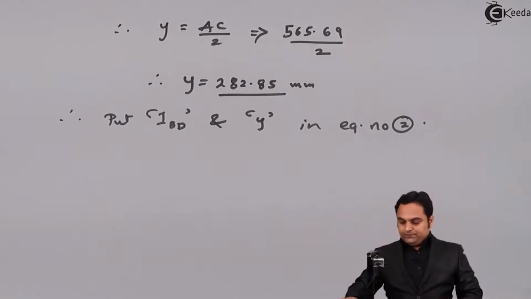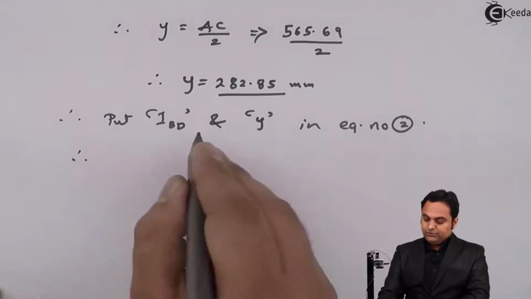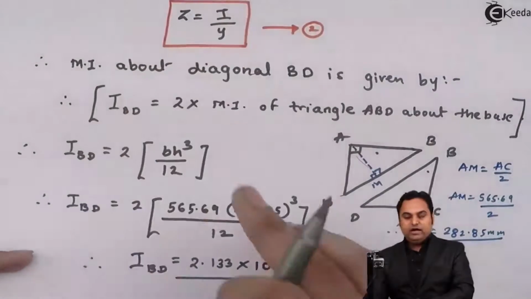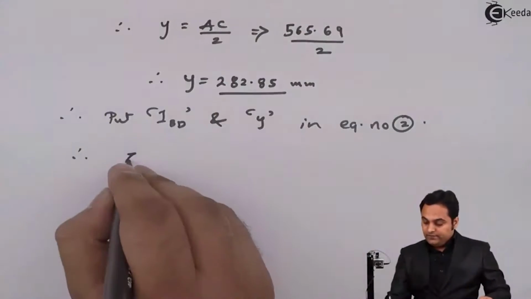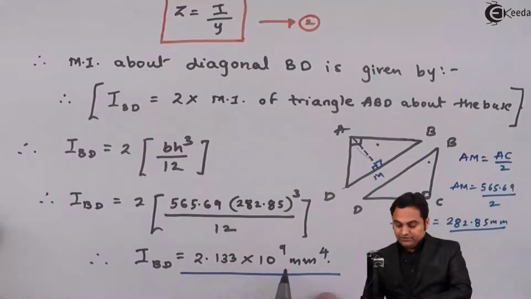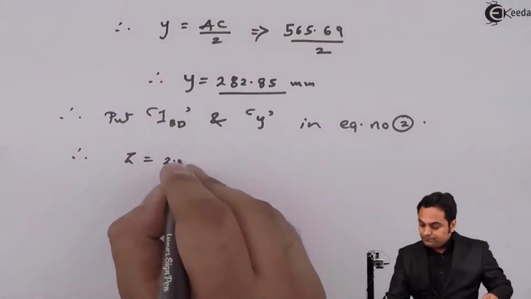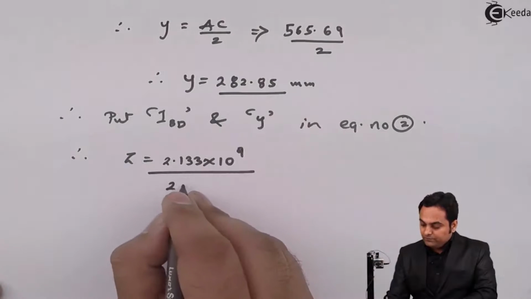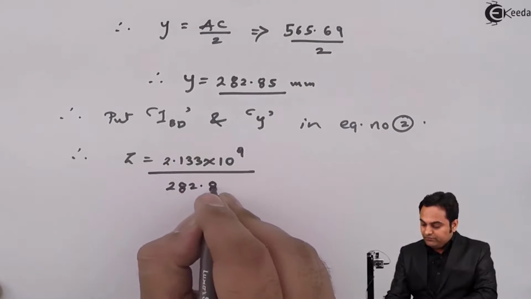Substituting the values in equation two, we have Z is equal to I by y. Z is equal to I, which is 2.133 into 10 raised to 9, divided by the value of y, 282.85.